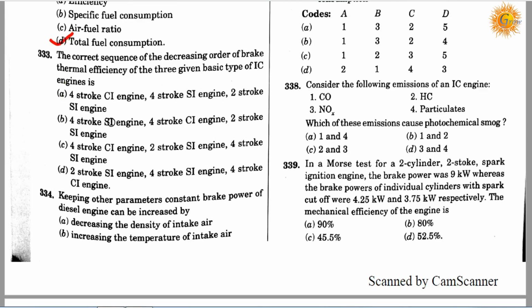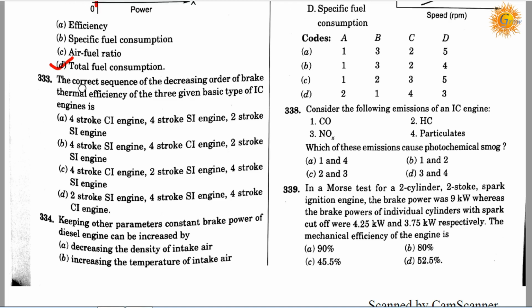Question number 333. The correct sequence of the decreasing order of brake thermal efficiency of three given basic types of IC engines is: option A, 4-stroke CI (compression ignition) engine, 4-stroke SI (spark ignition) engine, and 2-stroke SI engine. Option B, 4-stroke SI engine, 4-stroke CI engine, and 2-stroke SI engine.